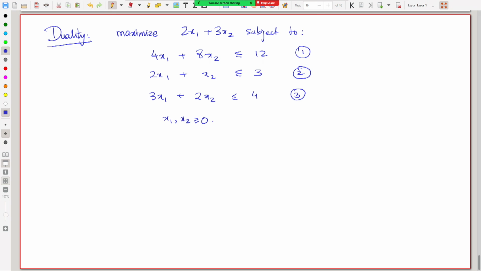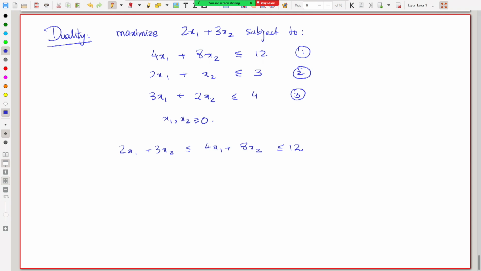So, can we say something about this objective function? We are assuming that x1 and x2 are greater than or equal to 0, right. So 4x1 plus 8x2 certainly is greater than or equal to 2x1 plus 3x2. So 2x1 plus 3x2 is less than or equal to 4x1 plus 8x2, and this is less than or equal to 12.